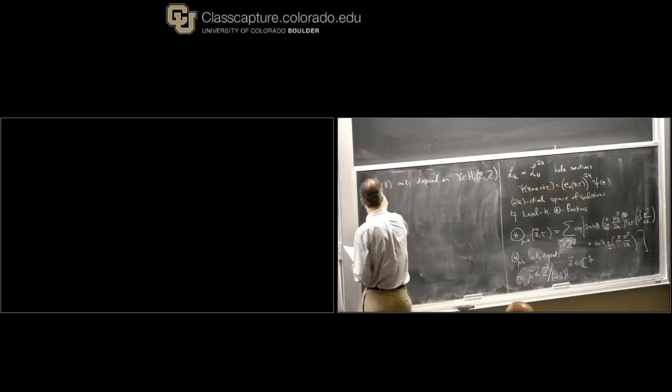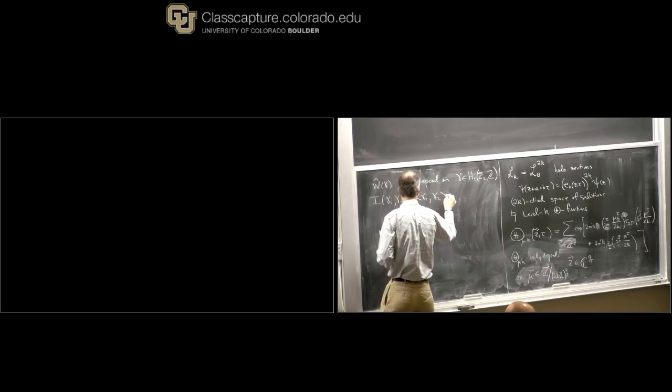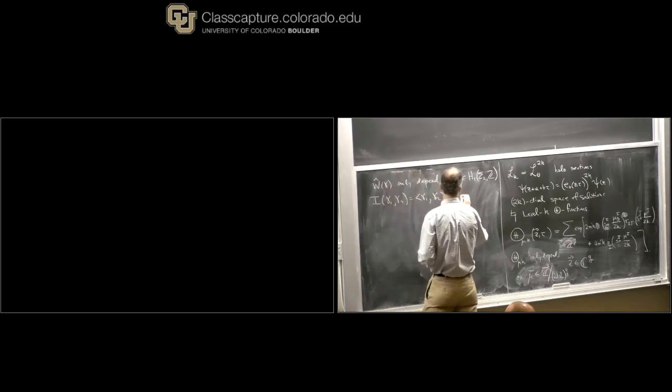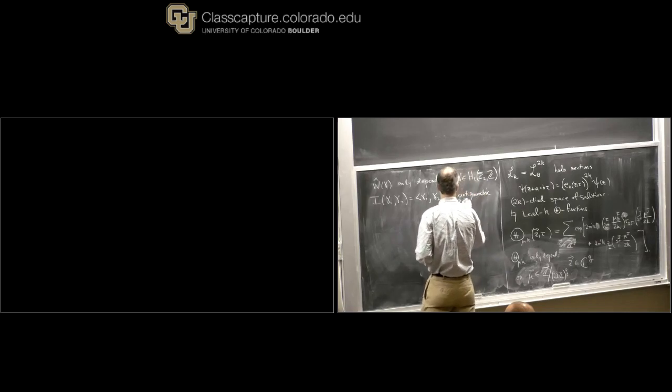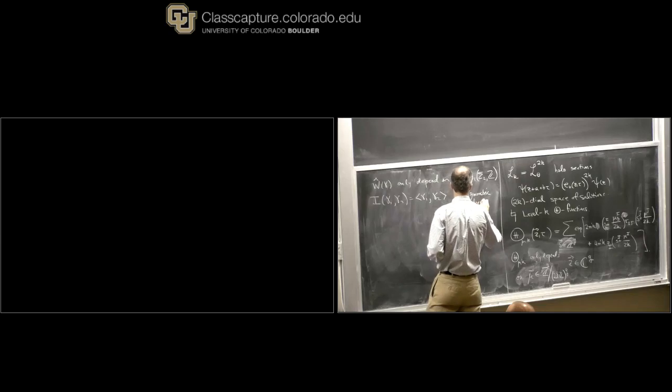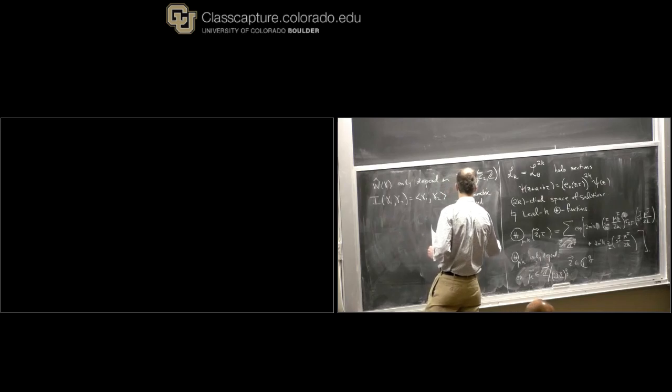And so this I of gamma 1, gamma 2, I'll write this as gamma 1 inner product gamma 2. This is an antisymmetric Z-valued product. And in fact, it's a symplectic product on the lattice.